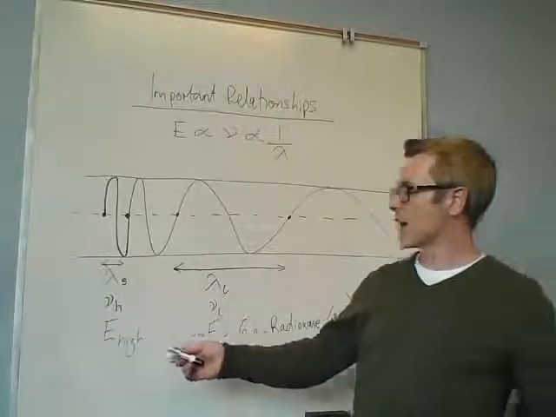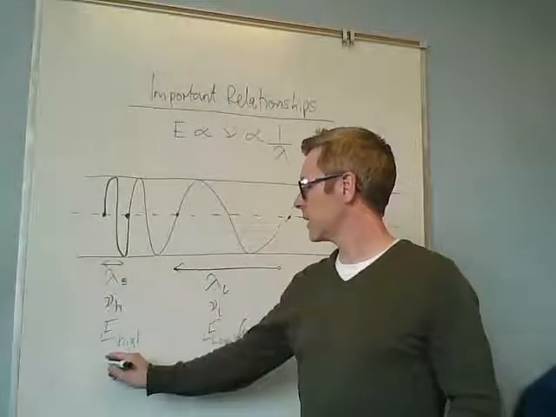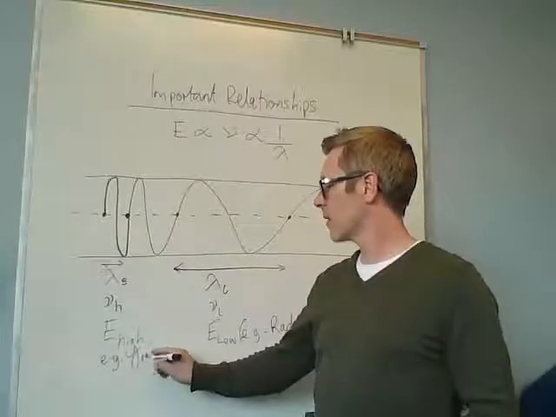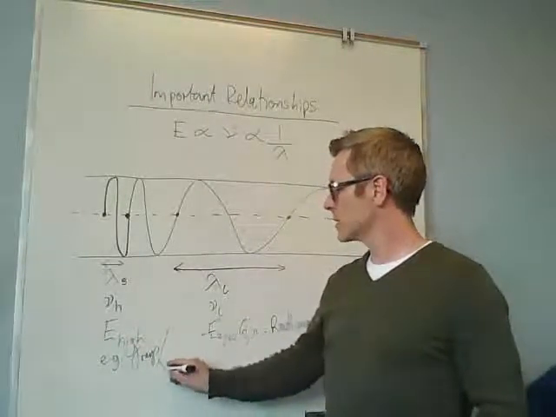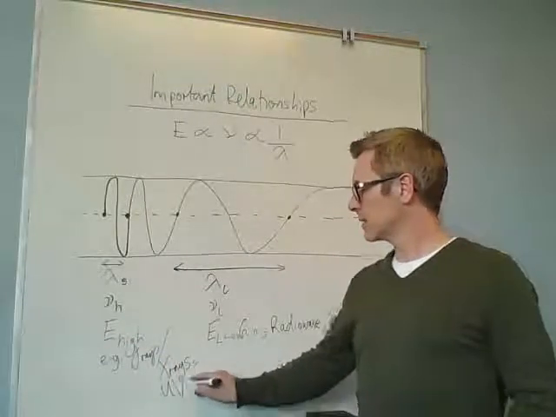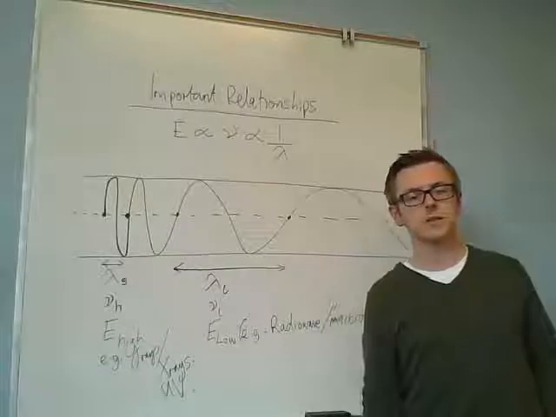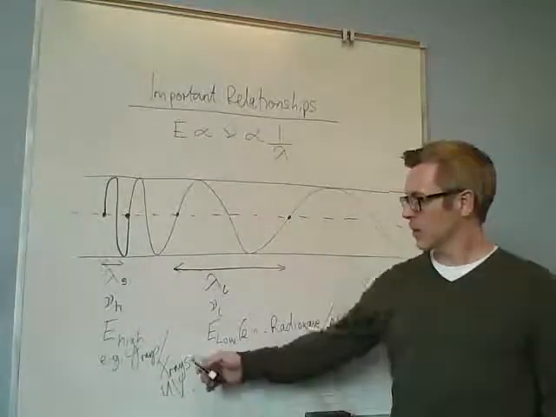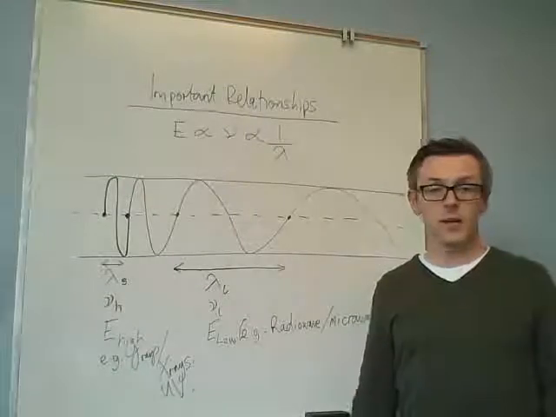An example of a high energy wave would be gamma rays or X-rays or ultraviolet light, UV rays. We know that UV rays damage our skin. We know that X-rays can damage us.